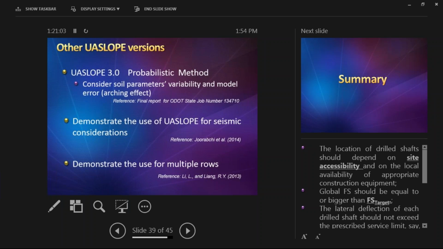So the algorithm and the computer program are available for anybody who's interested in using this for slope stabilization using drill shafts in a seismically active zone. The program is also very easily adaptable for multiple rows of drill shafts, and that was implemented and published by Lin Lee and myself in 2013. So those are additional versions of the program in case you have a special need for it. You can look for those references to address that kind of situation.